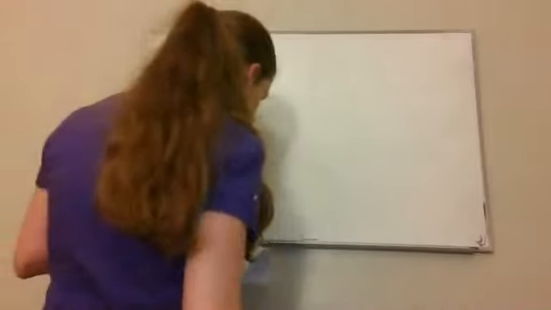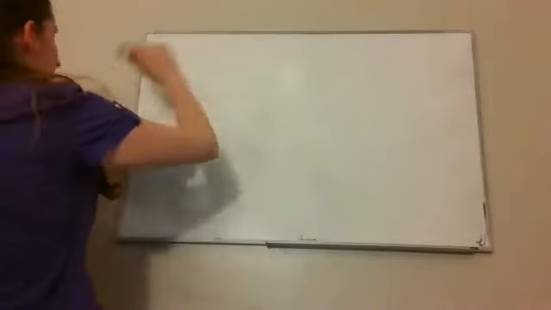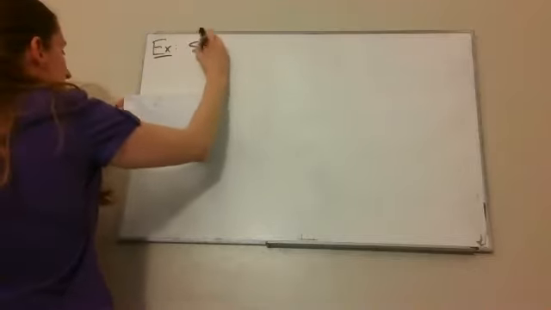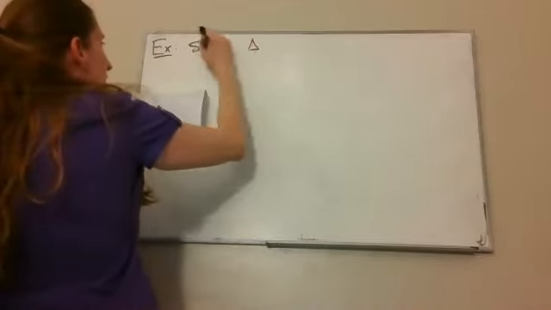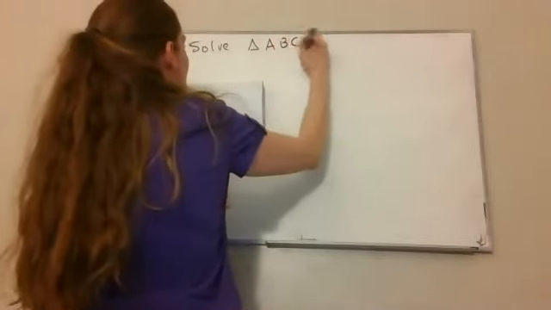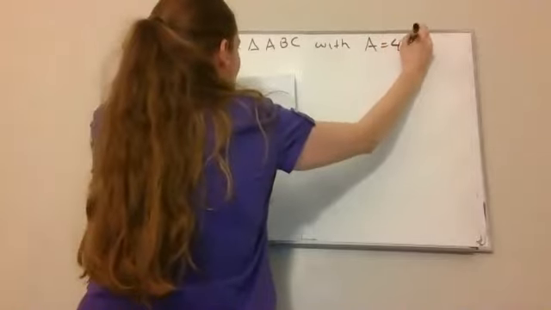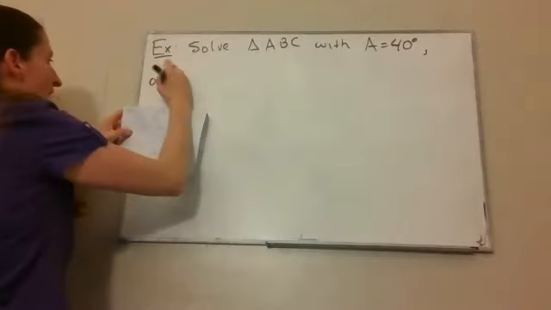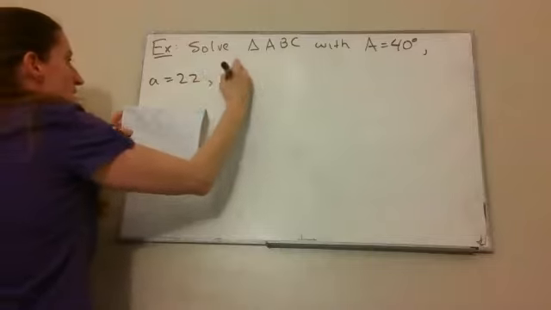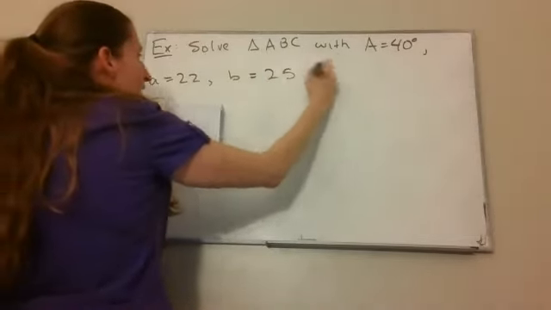Let's do another example. Let's solve triangle ABC with angle A equals 40 degrees, side A equals 22, and side B equals 25.